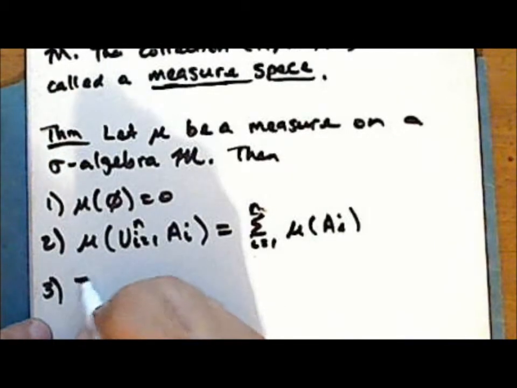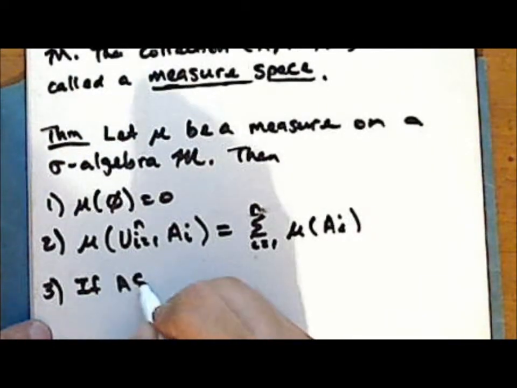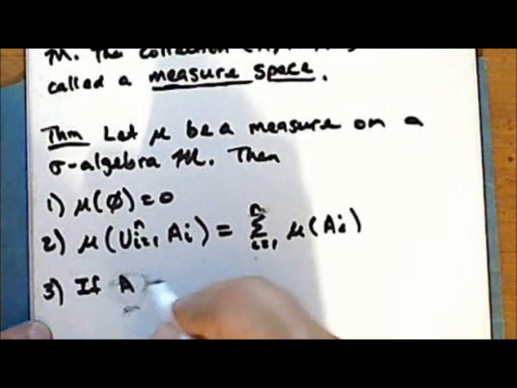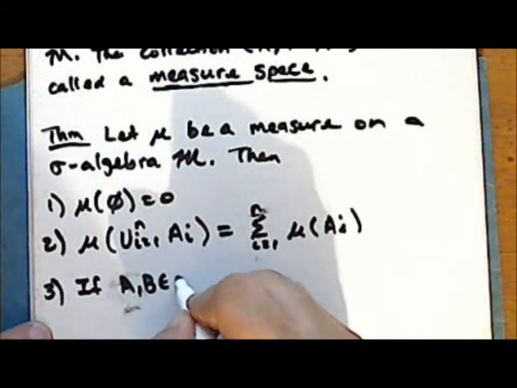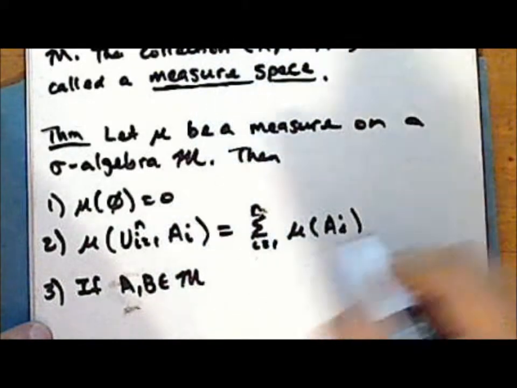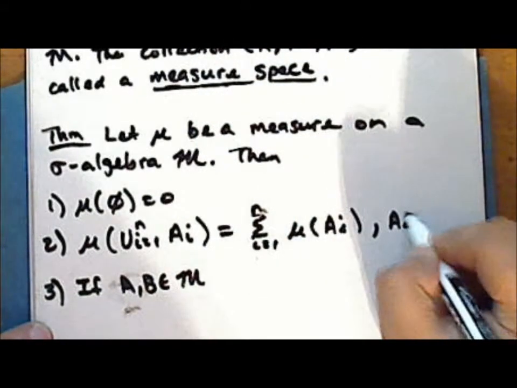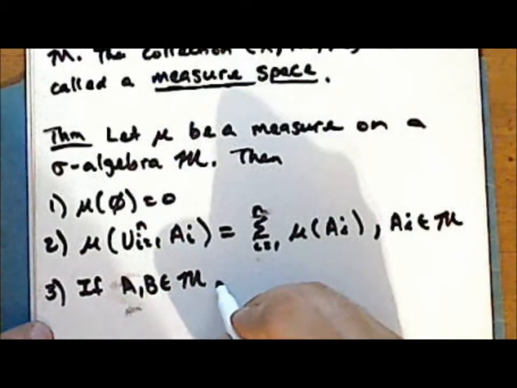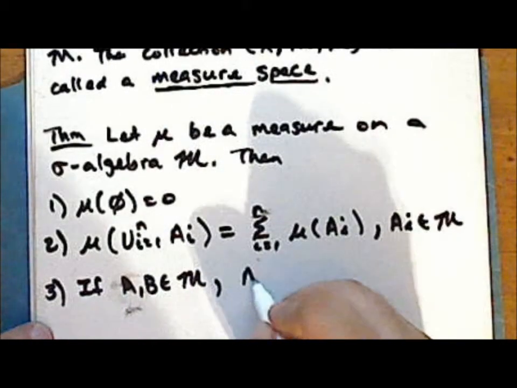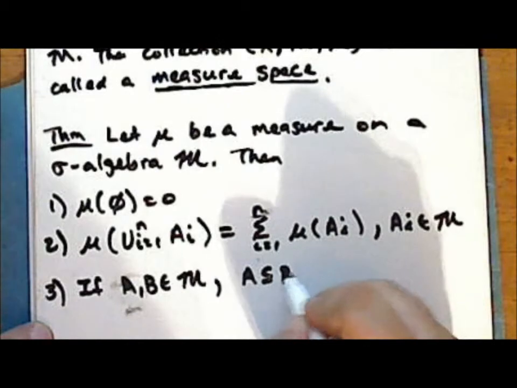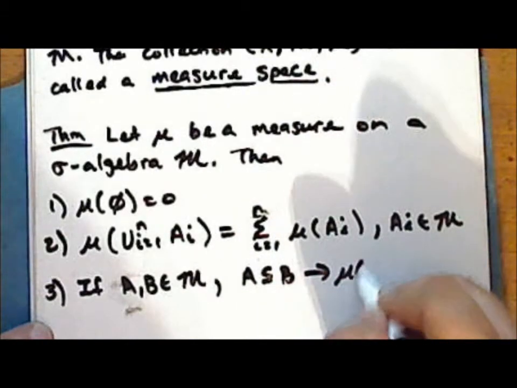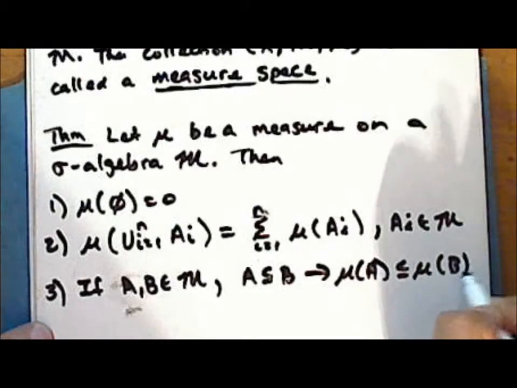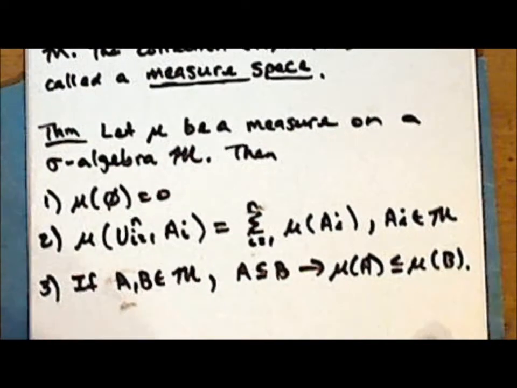And third, if A and B are measurable sets, then if A is a subset of B, this implies that the measure of A is less than or equal to the measure of B. All right?